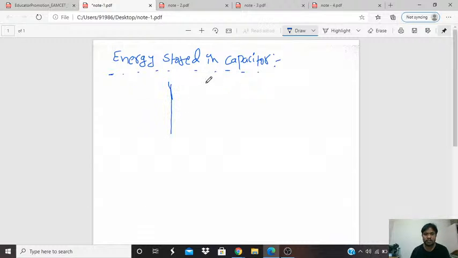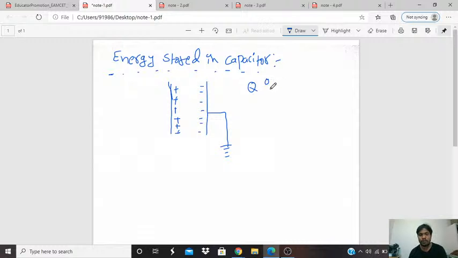It consists of one positive and one negative plate. So take a parallel plate capacitor. The more capacitance it has, the more charge it can store. Generally, to store the charges, we have to move the charges into the capacitor, from 0 to capital Q charge.